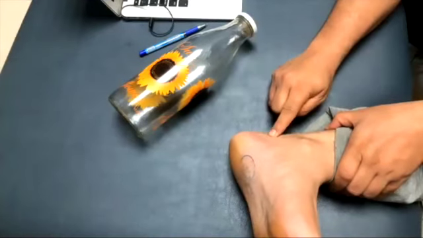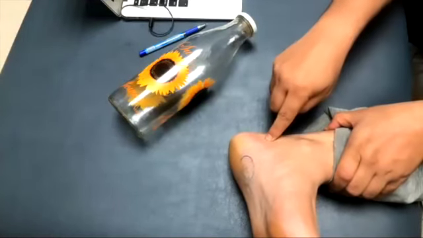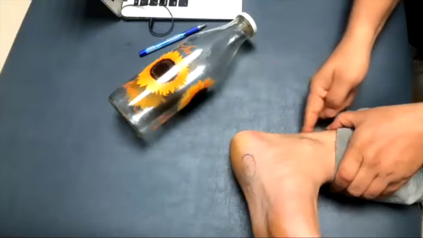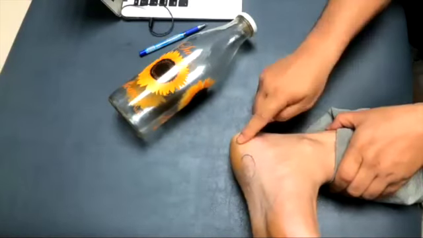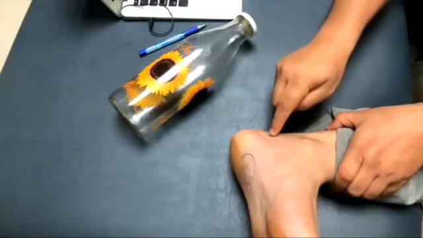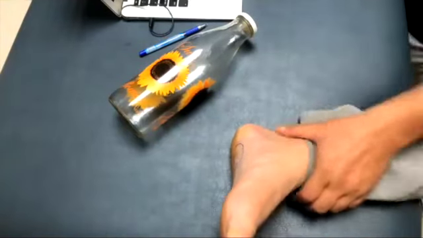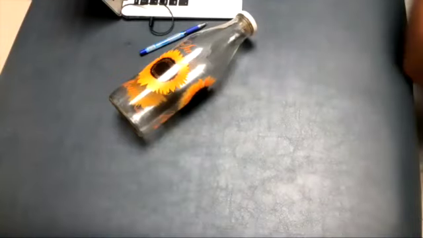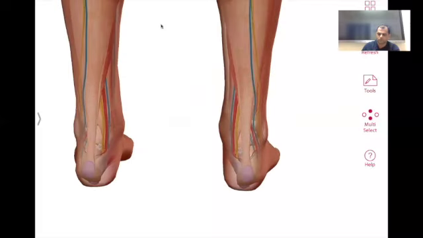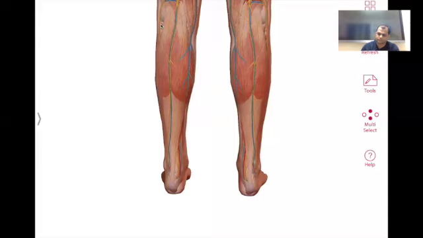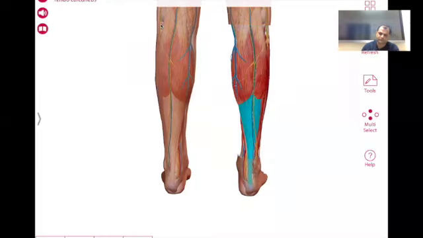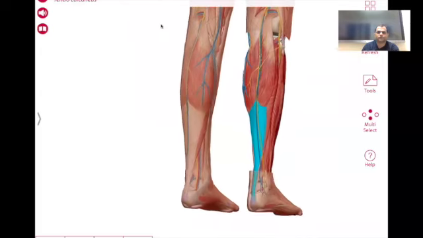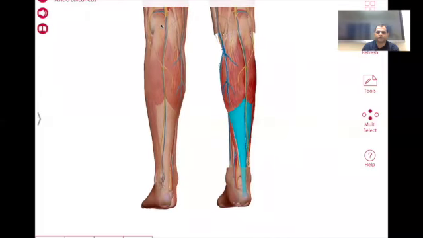The one pouch is here in between. So on the back side, this is the tendon. On the front side, this is the bone. In between, we are having one single pouch. Let's see in the other image. So look at the image. This is the tendon. The name of this tendon is Achilles tendon.